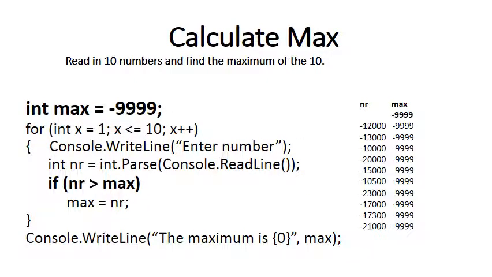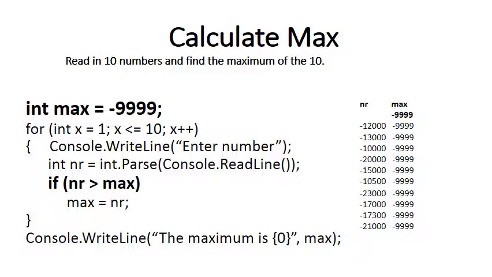But we need to think about this initializing of the max variable. Let's say we initialize max to minus 9999, and our assumption is incorrect, and the user then enters 10 numbers that are all smaller than the negative 9999. In that case, whenever you get to the if statement, the number we enter will never be bigger than that initial value for max.